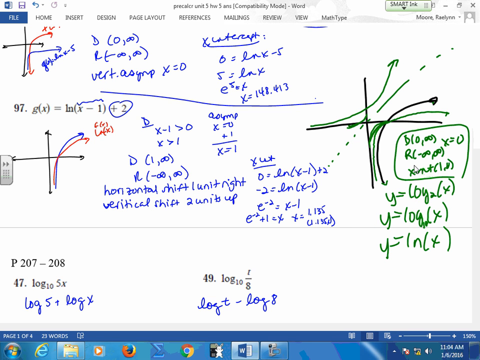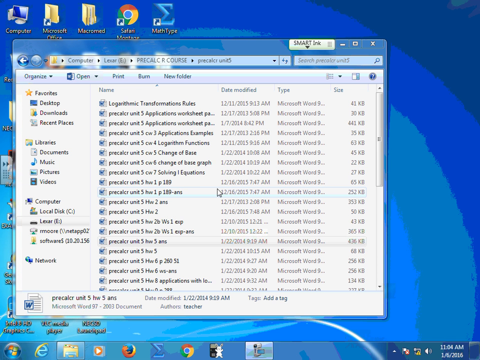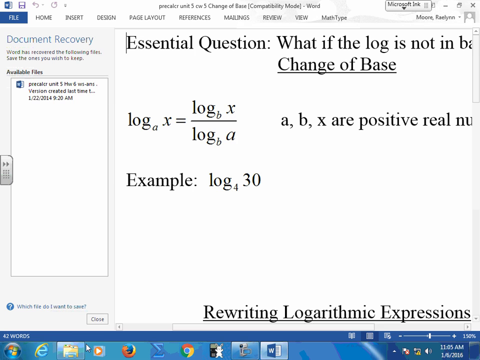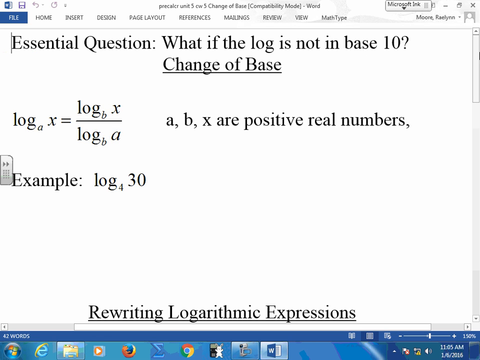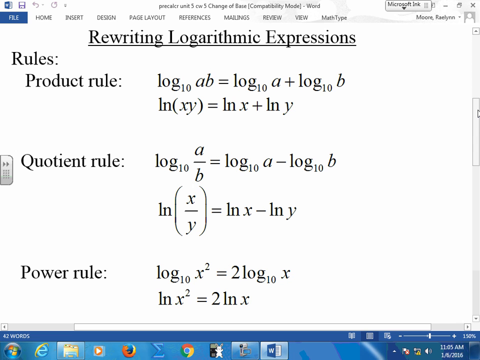Okay. So if you kindly go back to your classwork from yesterday, we're going to go through your 3 rules, and I like to call them 4 rules, for dealing with logs. Okay.